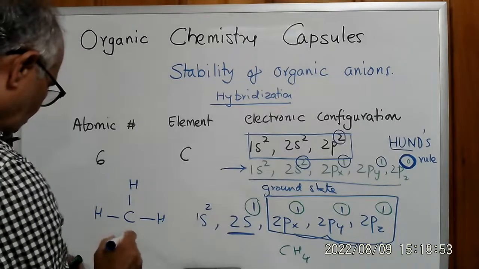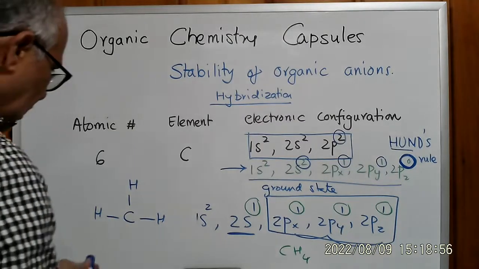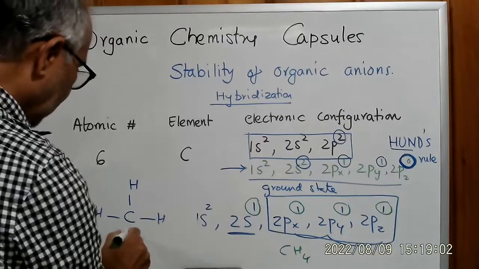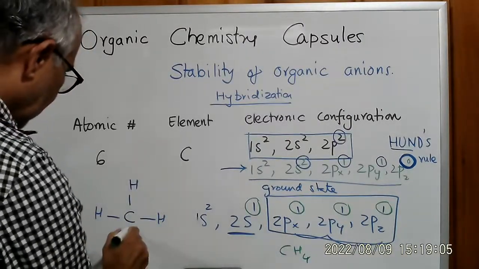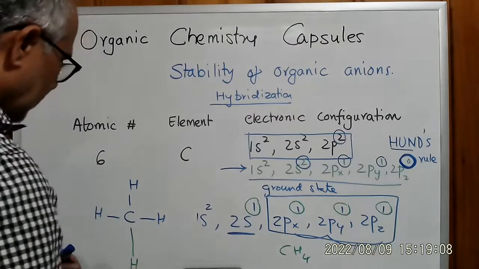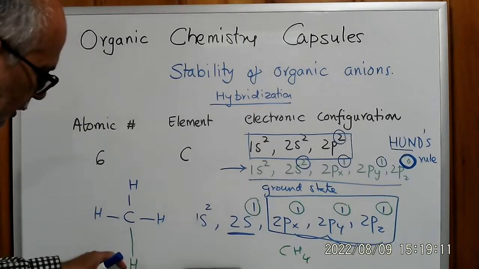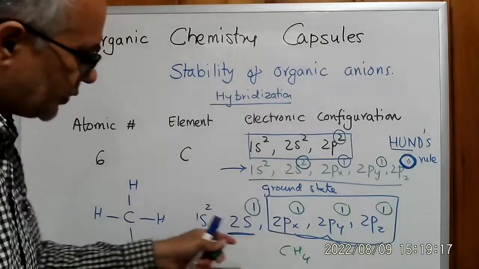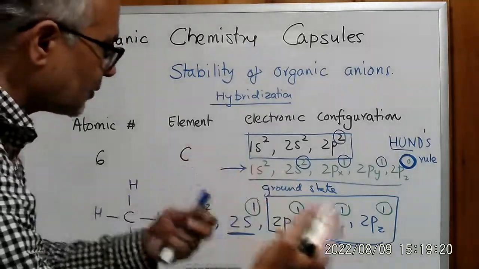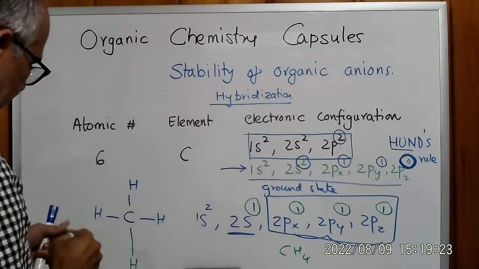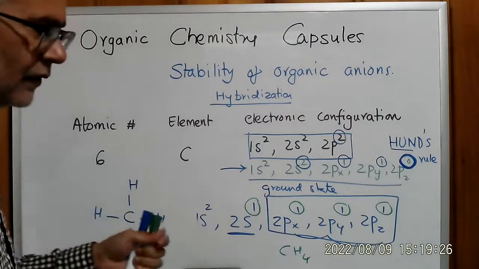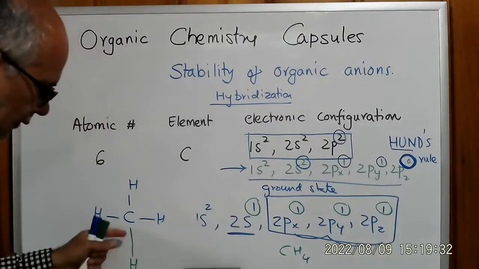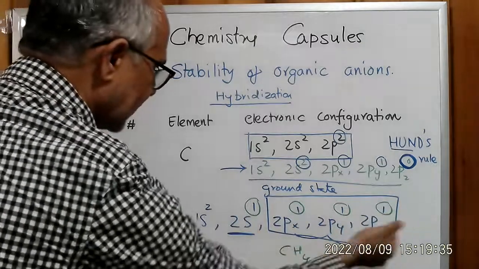Let's say the 3 carbon-hydrogen bonds I'm showing in blue are from the px, py, pz electrons forming a bond with hydrogen atoms, but then the fourth one is with the electron in the s orbital. Going by this excited state electronic configuration, we expect that 3 of the bonds of carbon will have similar bond length and bond strength, but one of them will be different. That's what we expect going by this electronic configuration.